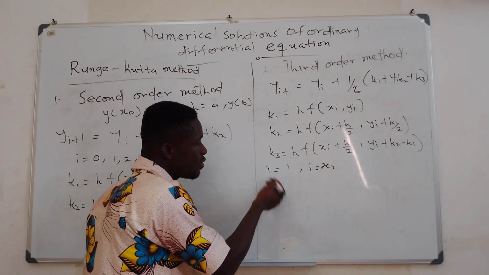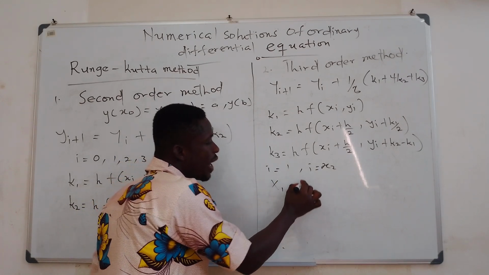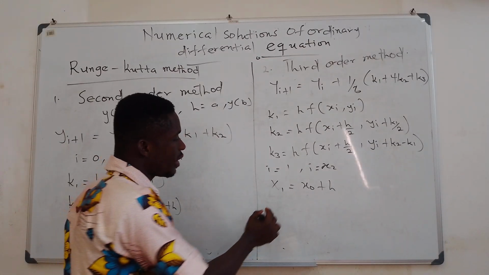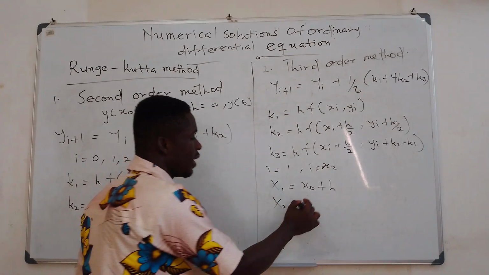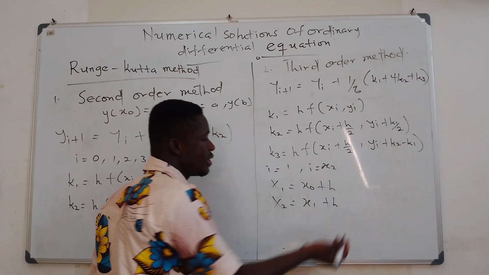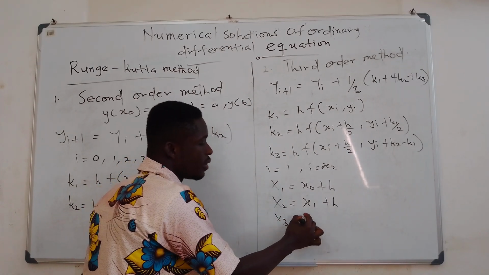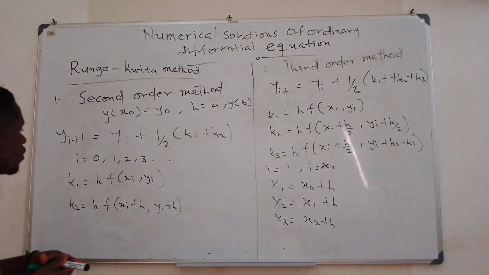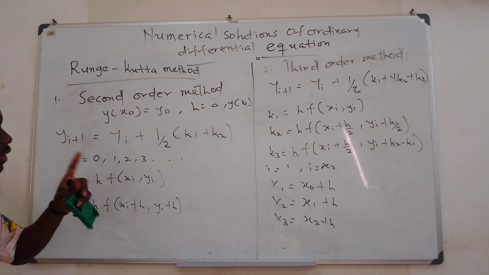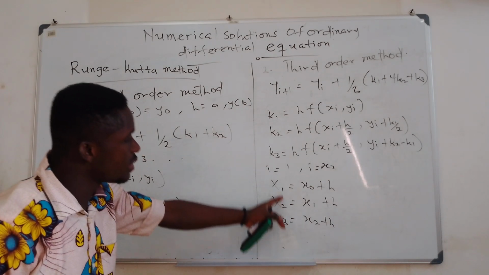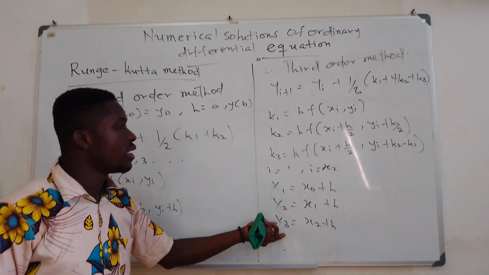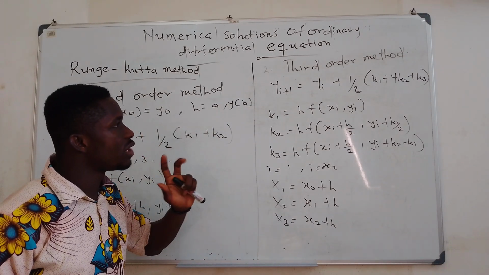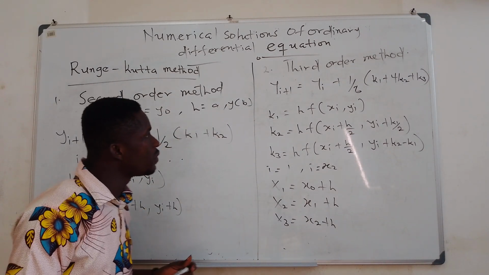We find x1 by adding x0 plus h. We also find x2 by adding x1 plus h, and x3 by adding x2 plus h. So this is about the third order method of solving using the Runge-Kutta method.